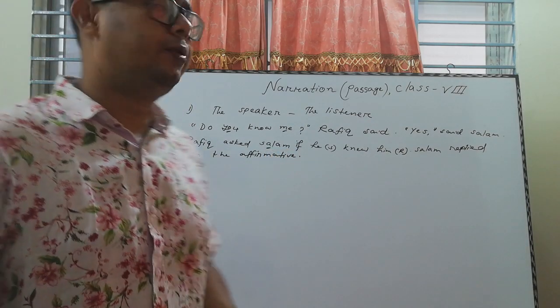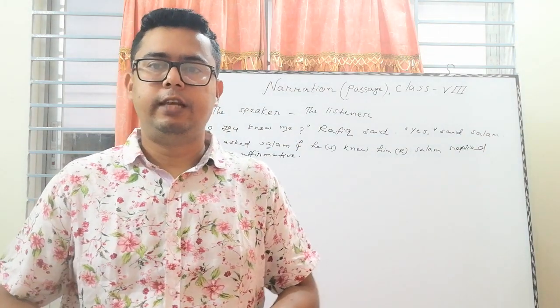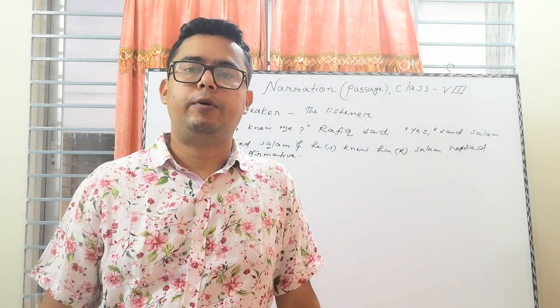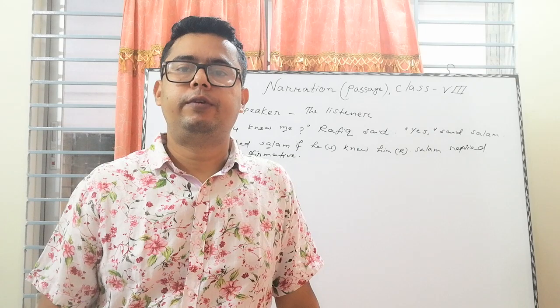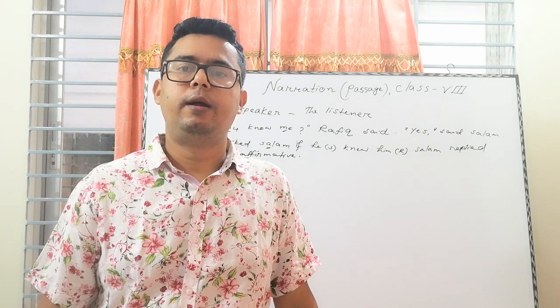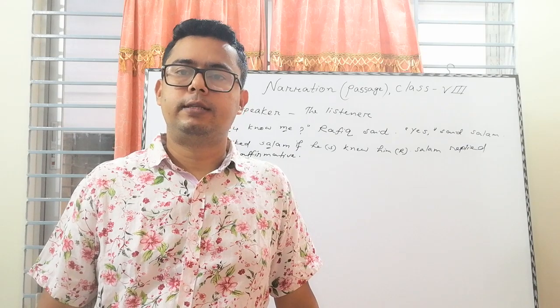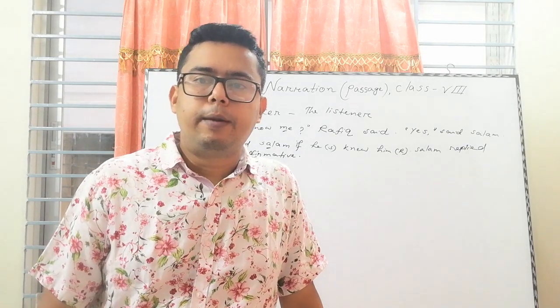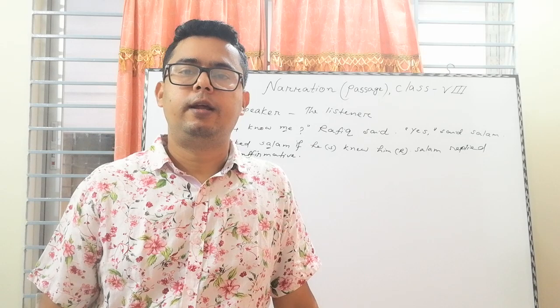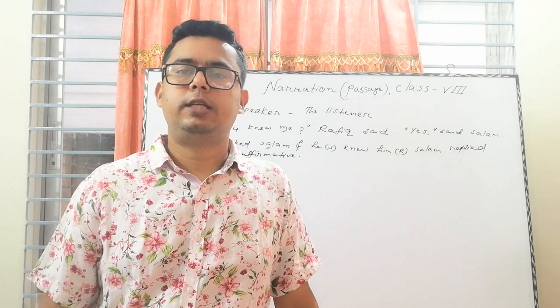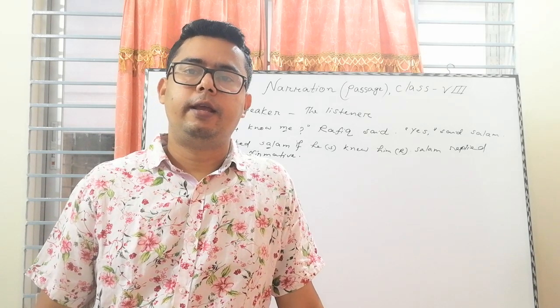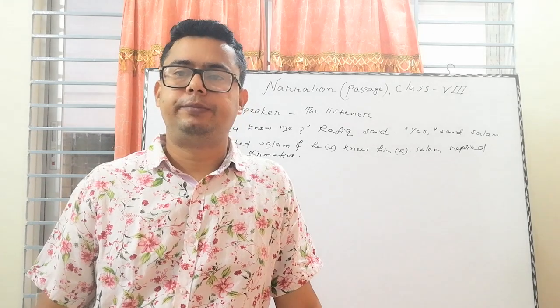Okay, dear students, I hope you can easily understand the identification of speaker and listener from the passage. Now go through the second rule of passage narration. Sometimes you can get two or three sentences in an inverted comma.